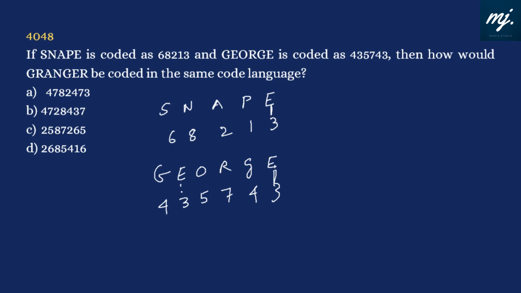E is 3, matched. Now we are looking out for GRANGER. G is 4, R is 7, E is 3, A is 2, and N is 8. So it should be 4728437. Option B fits in.